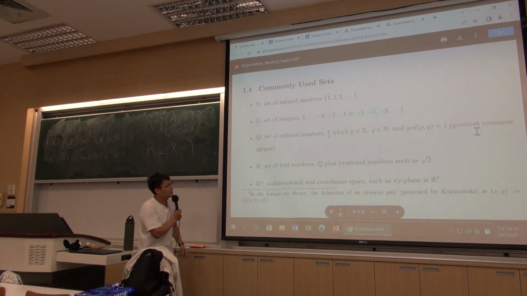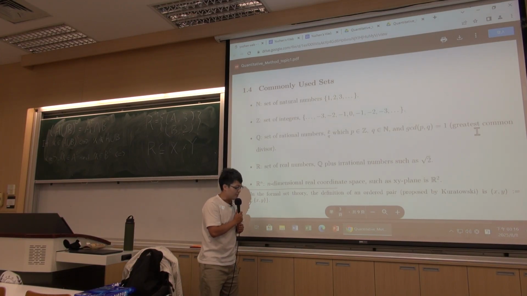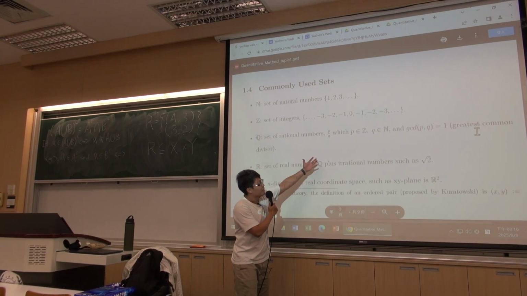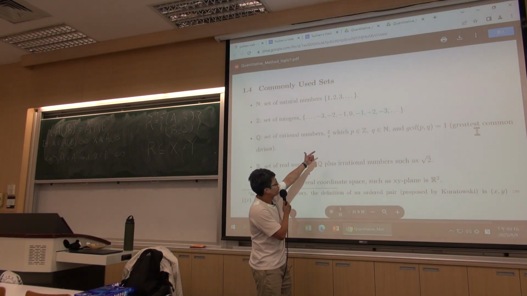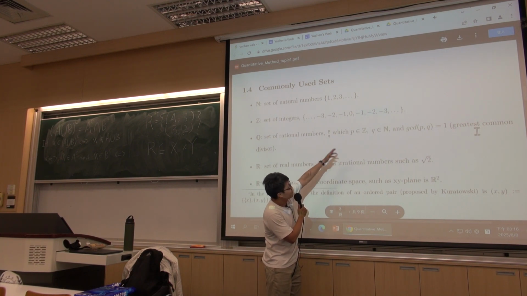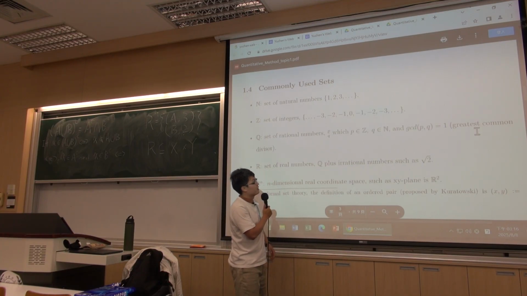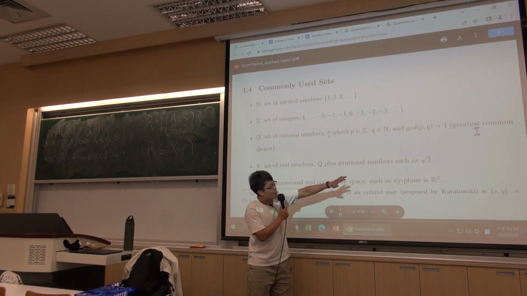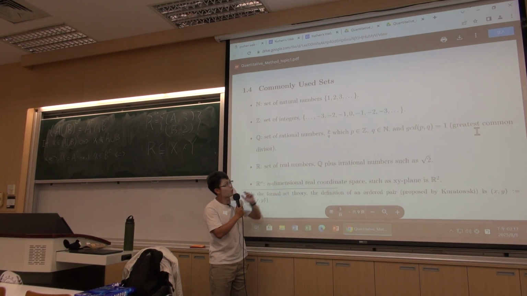Right, and then is the rational numbers. You can write any rational number as a fraction. The numerator p should be an element of the integers, and the denominator q should be an element of the natural numbers. And also the greatest common divisor of p and q should be 1.